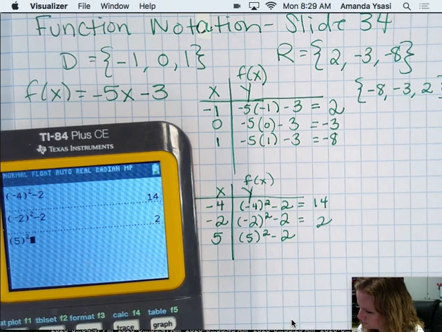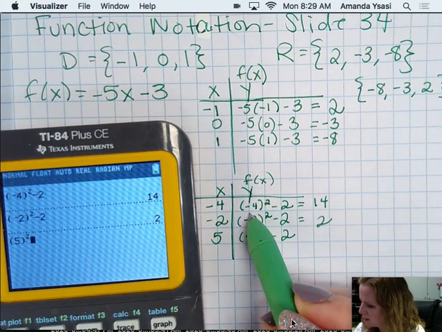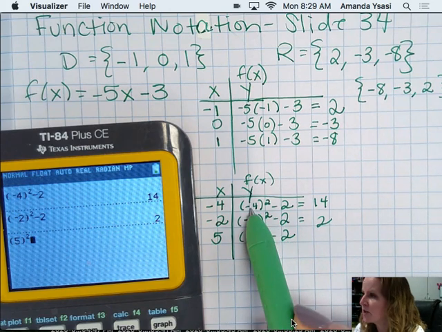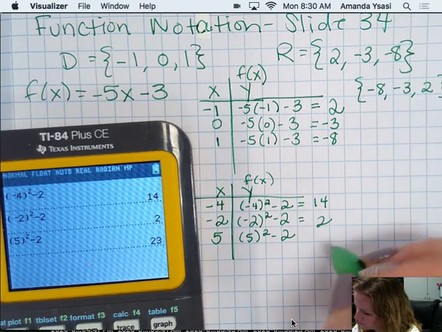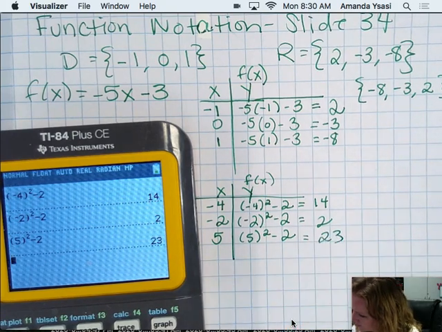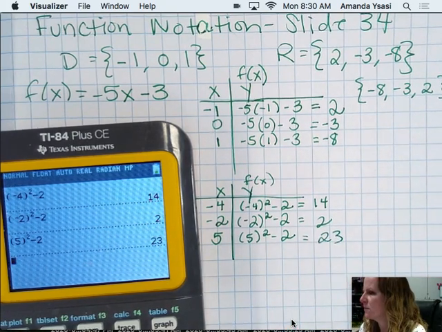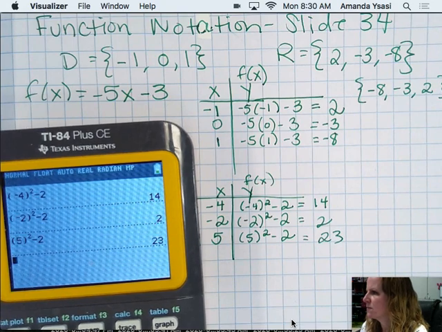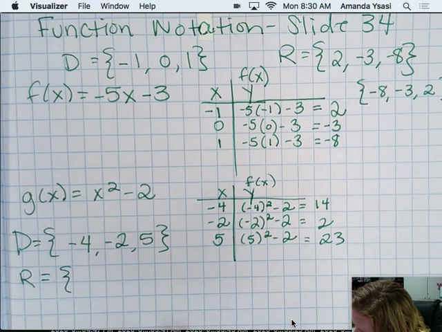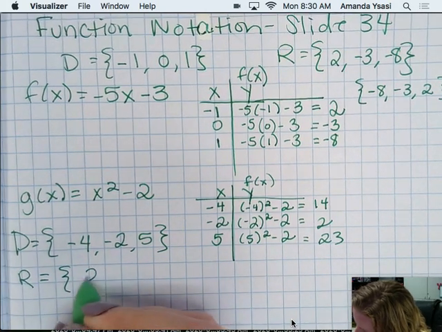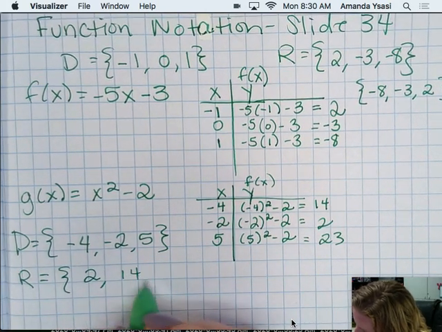Because you. Oh, wait, never mind. You already did that. Are you talking about this one? Yes, ma'am. Okay. Yeah, 16 minus 2 is 14. And then 5 squared minus 2, 23. So then our range is going to be least to greatest order 2, 14, 23.